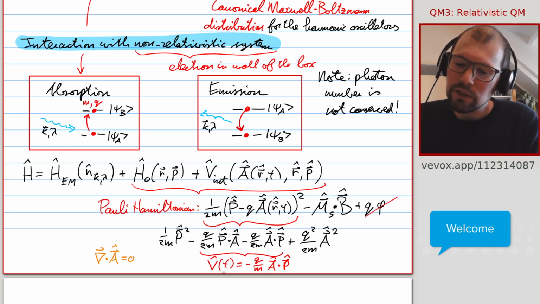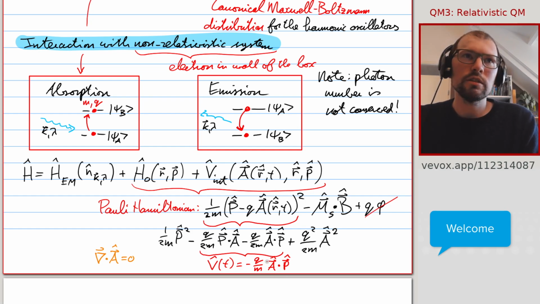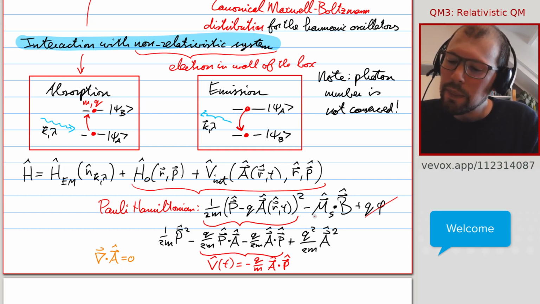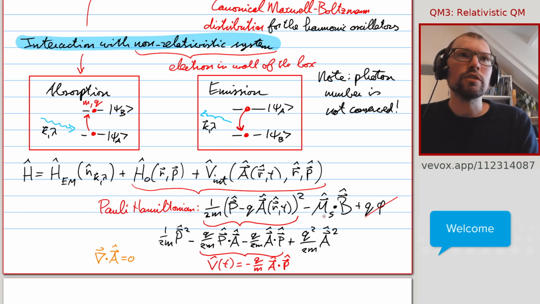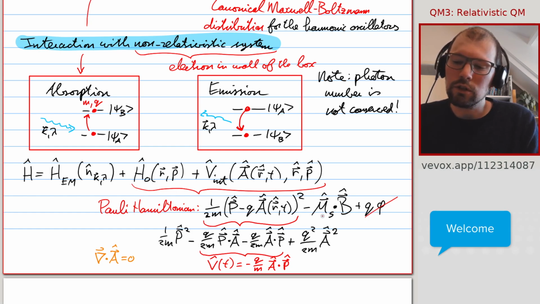So it stands to reason that this linear part is the dominant one that we will have to look at. And then there is also the interaction between the spin of the particle and the magnetic field that could also cause an interaction. But we're just not going to look at it here.